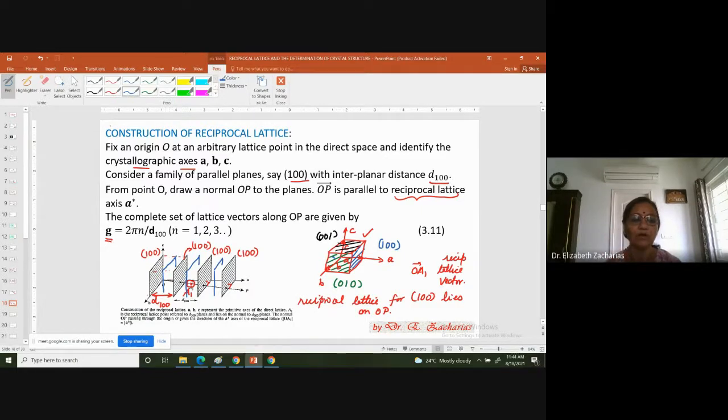Now I have 1, 2, 3, 4, 5, 6, 7. I have drawn 7 planes. What is this family? Can someone say? What will be the indexing of this family of planes? All the 7 planes now form a new family, parallel to the original family, but with a different index. Can you tell me what that index will be?